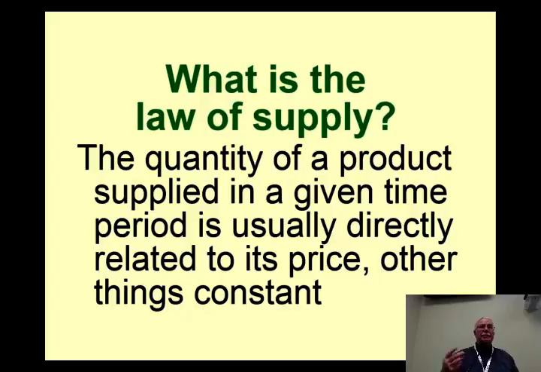Now notice I did not say there's going to be an increase in supply or a decrease in supply, because only price has changed. When we change price, we're moving along a stationary curve. The curve itself is not changing. The quantity supplied is changing, as measured on the horizontal axis.